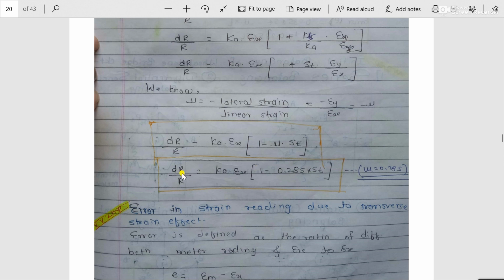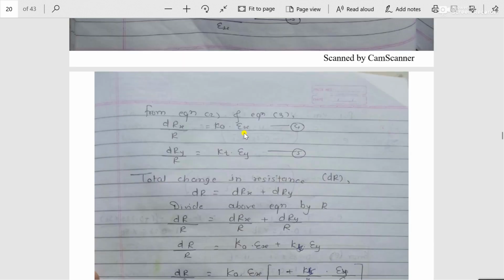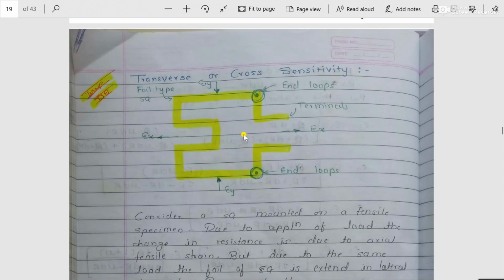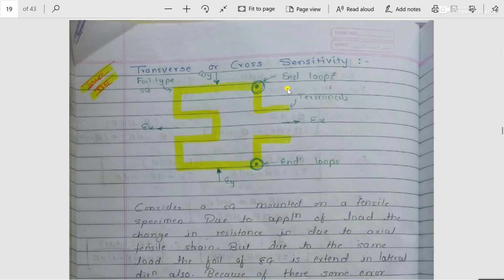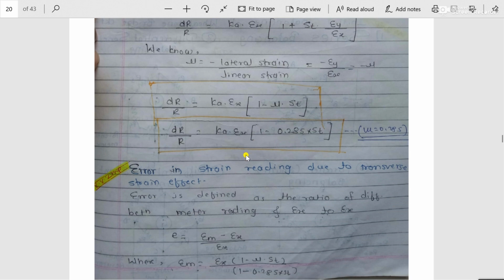But if utmost accuracy is not required, we need not consider this transverse sensitivity factor or cross sensitivity factor in the strain gauge application. So this is the detailed derivation of the transverse sensitivity, which is also called cross sensitivity.